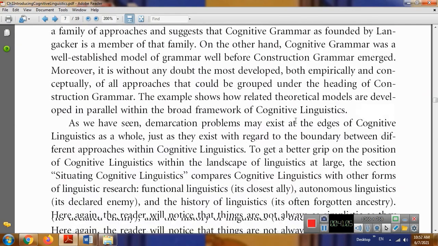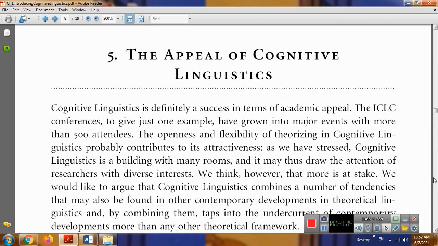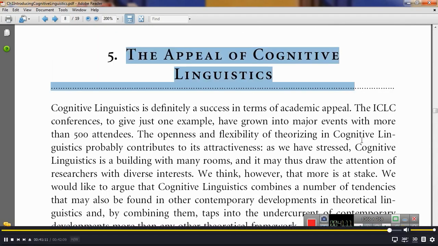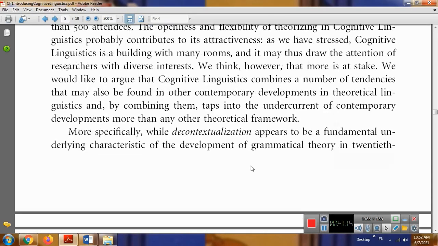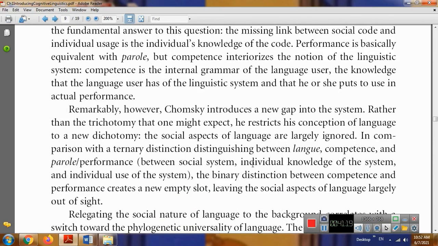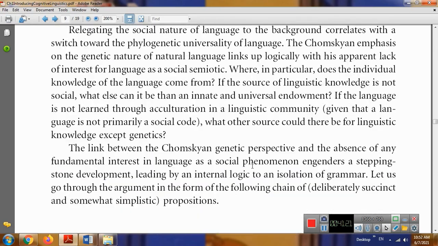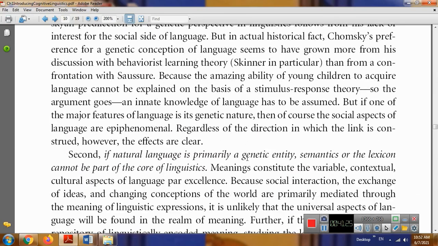You can look over that, but this is important. You should know that. Here we again define cognitive linguistics and its principles, and Chomsky's view about cognitive linguistics, and I explained them for you until the second principle.